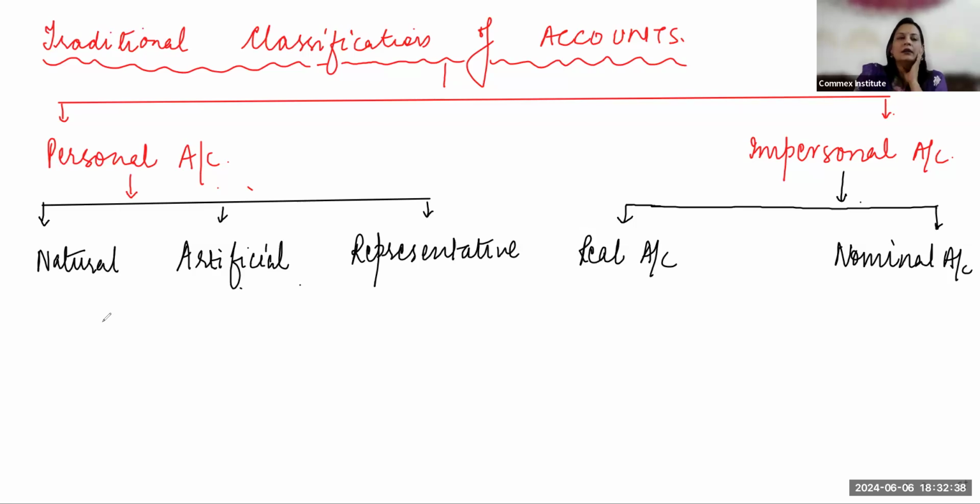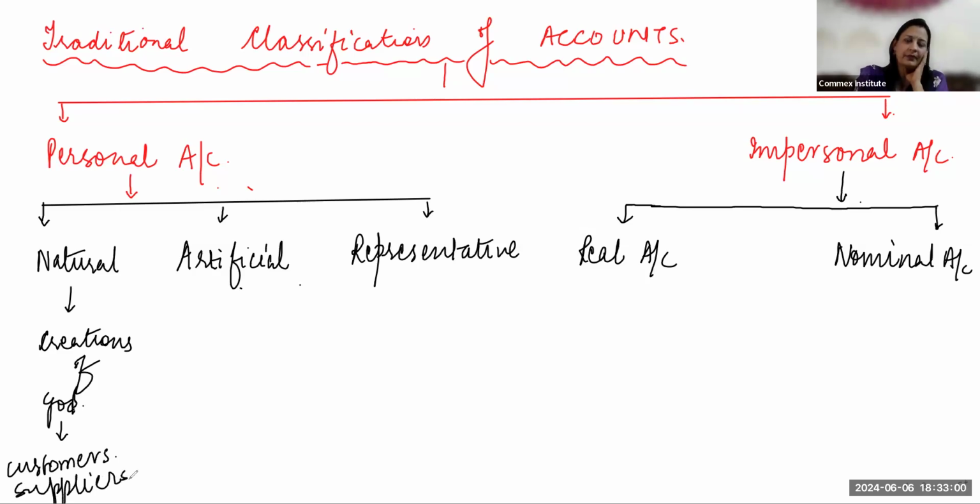Now, natural personal accounts are basically the creations of God. For example, my customers, my suppliers, my debtors, my creditors.